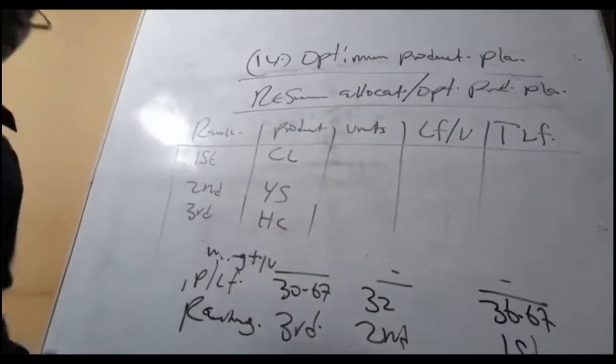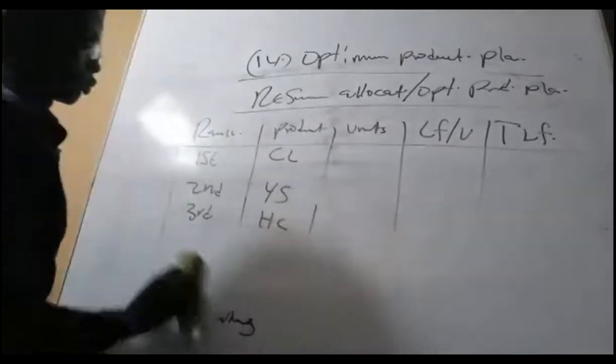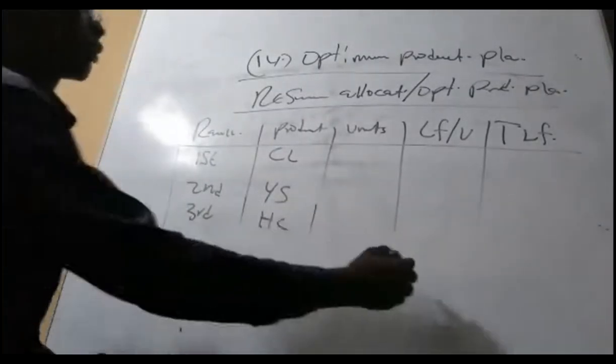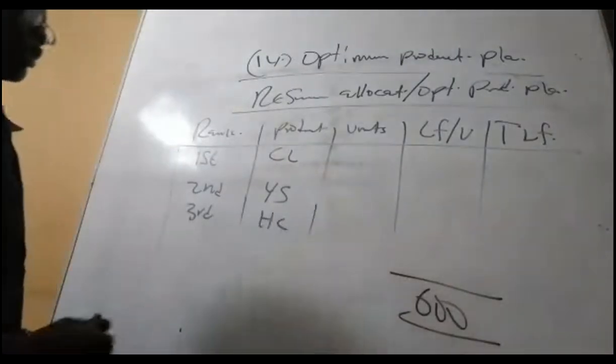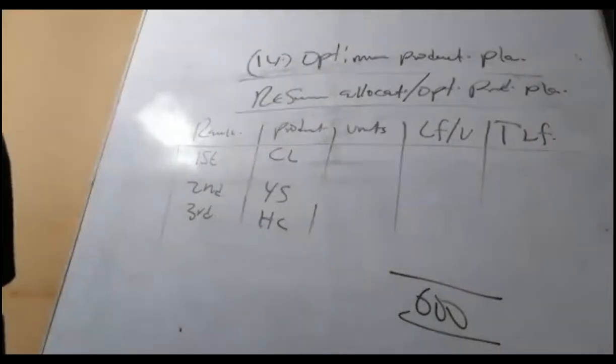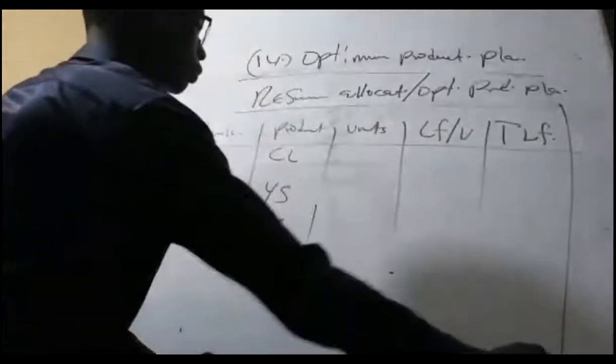So let's start with the game. As usual, let me write the total limiting factor here, 600, so that it guides me.